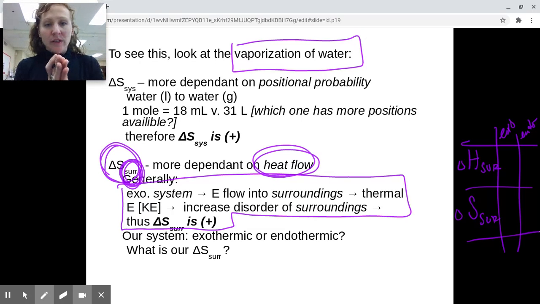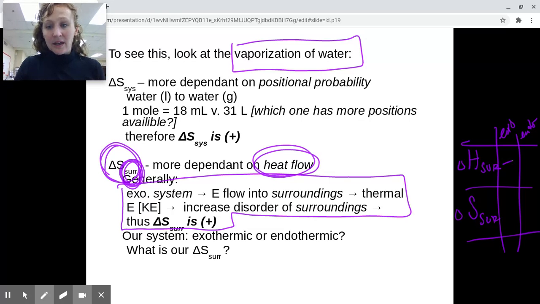In an exothermic system, heat is flowing from the system to the surroundings, right? That's like holding something hot. Heat is flowing from the thing you're holding into your hand, from your system into your surroundings. So the enthalpy of that is heat flowing out of your thing and into the surroundings.